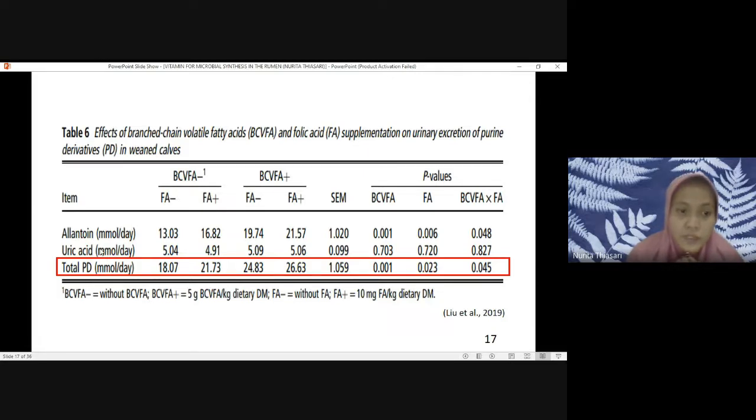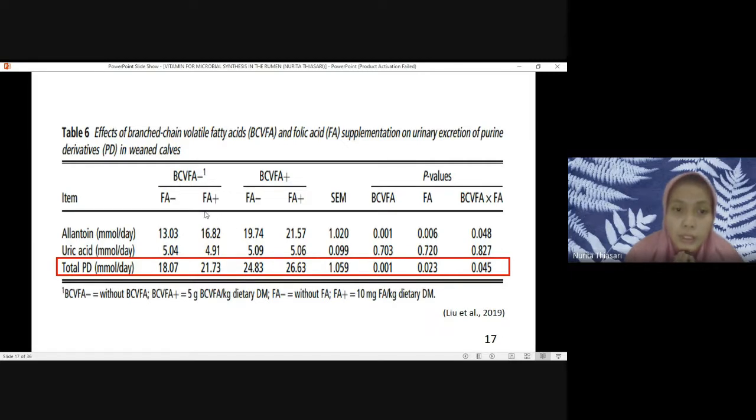The result for the total purine derivative: first, for the branched-chain volatile fatty acid, without the BCVFA the total PD is lowest compared with the BCVFA.